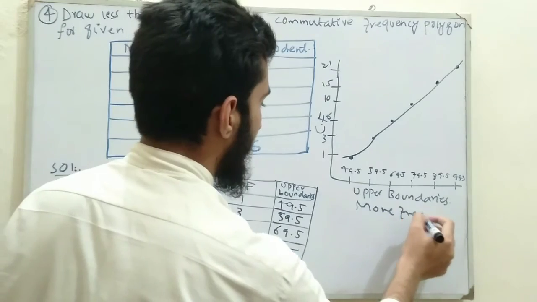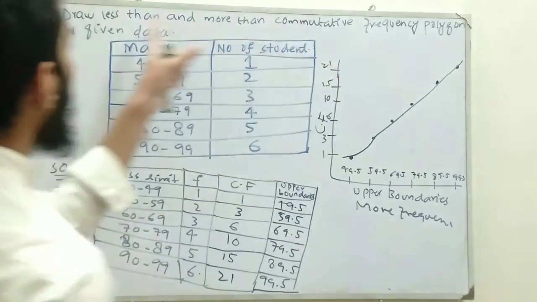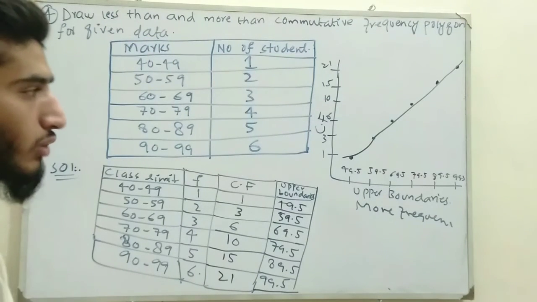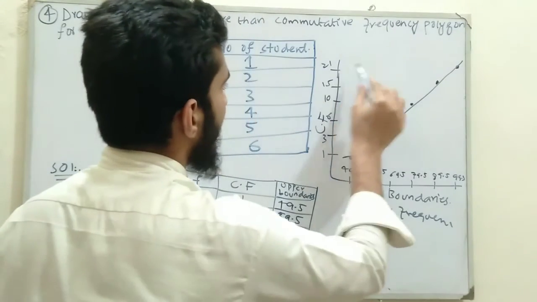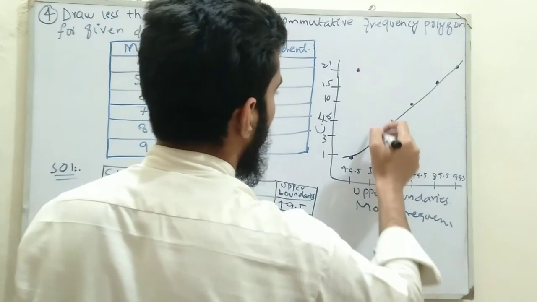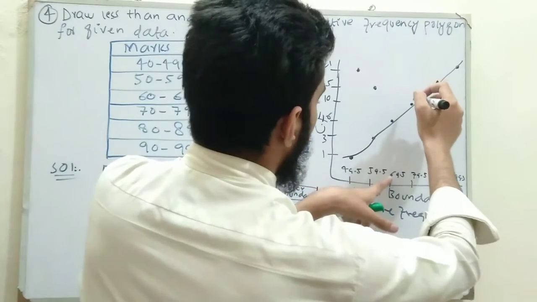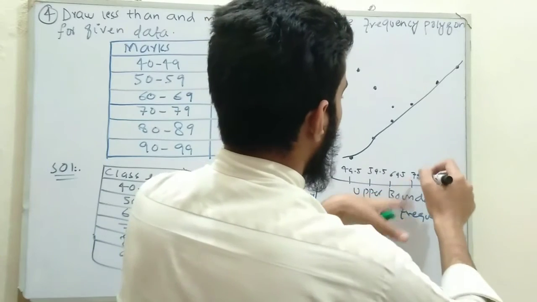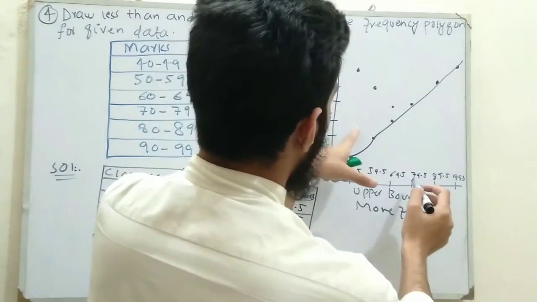Here they required less than and more than cumulative frequency polygon. Now we are going to draw a less than cumulative frequency. The less than cumulative frequency will actually be the opposite of the more than cumulative frequency. To the 49.5 we will consider 21. In front of 59.5 we will consider 15, and in front of 69.5 we will consider 10, and in front of 79.5 we will consider 6.